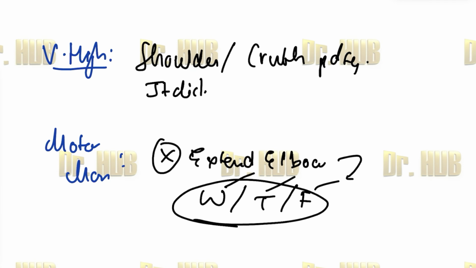Next, moving on to the sensory loss. Under the sensory loss, it is seen over the dorsal aspect, the anatomical snuff box.